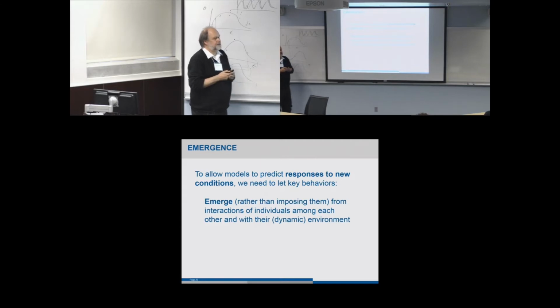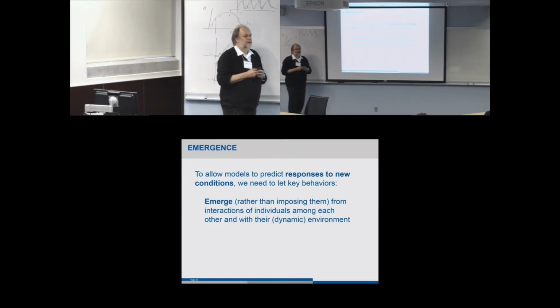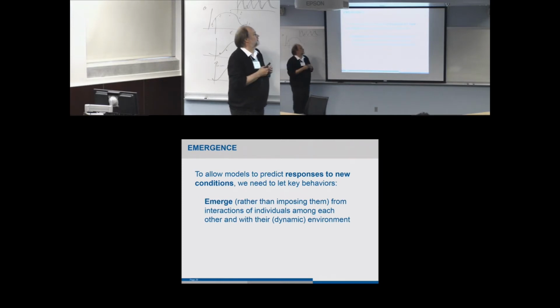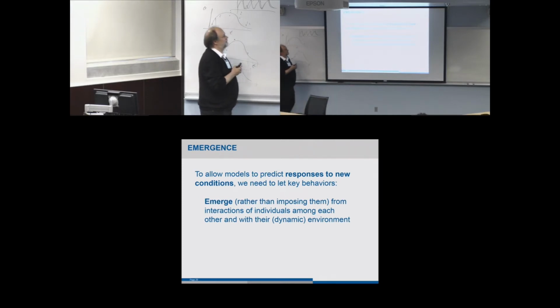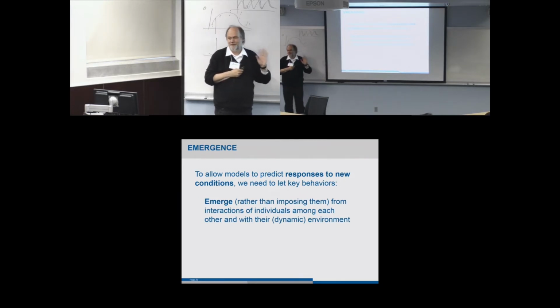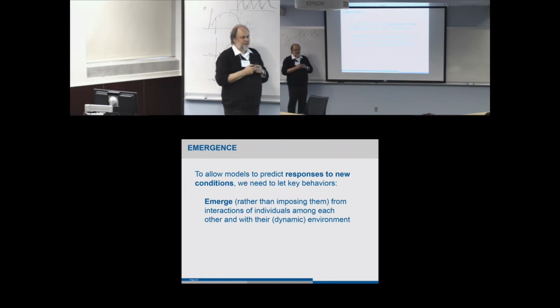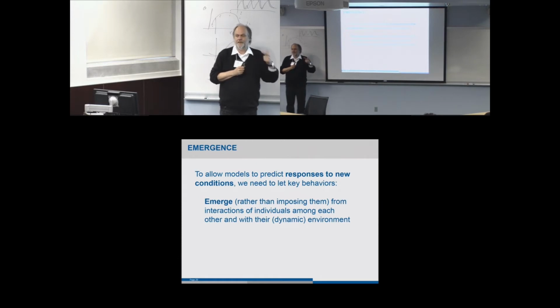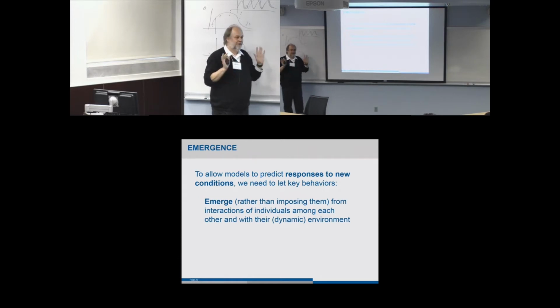So, emergence. Related to the problem of prediction, the question of emergence is very, very important. I emphasize this because it took me several years to fully understand it, because my background is classical theoretical population ecology, where people think in terms of birth and death rates. Nothing wrong with that.